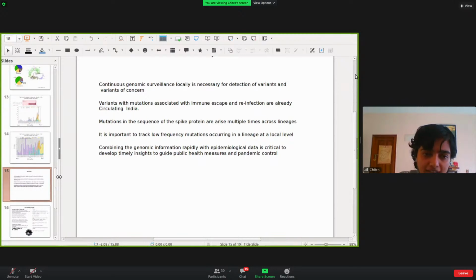We actually see it in many different ones. So some of what we are seeing could be the opportunity to expand, could be part of the problem, not just the property of the variant. So it is important to track low frequency mutations occurring in a lineage at a local level. And we need to combine genomic information with epidemiological data rapidly, and that might guide public health measures.